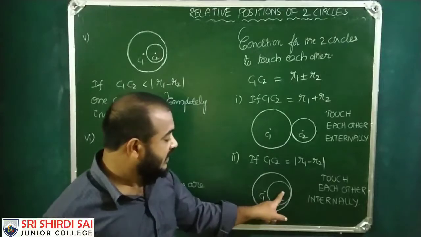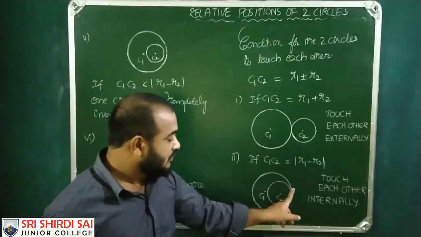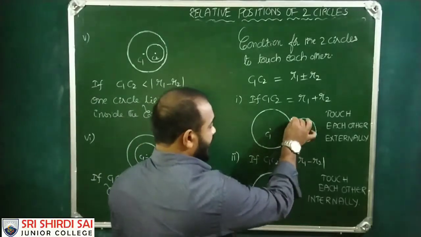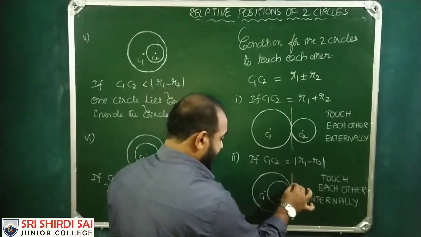One circle lies completely inside the other circle, and the two circles touch at this point of contact. Here this is the point of contact, and these are the common tangents.